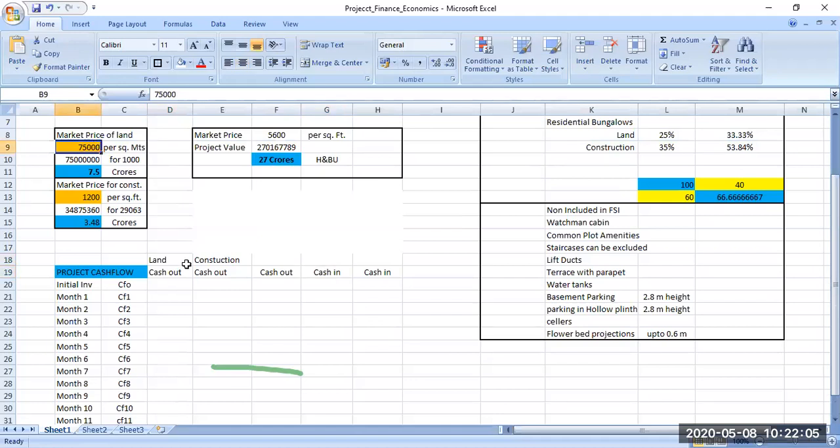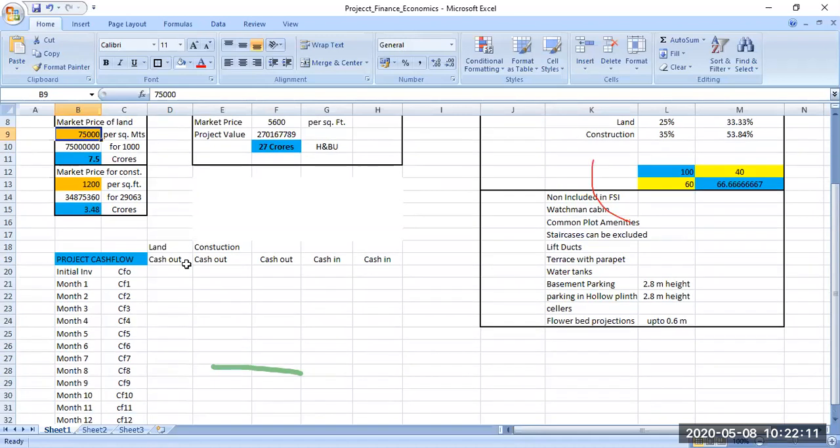Here we are assuming that earlier, before RERA came in India, you could buy land, pay 20% at the agreement of sale, then get the title check, then pay another 50%. The land acquisition itself used to take 8 to 9 months, and parallelly you started the project.